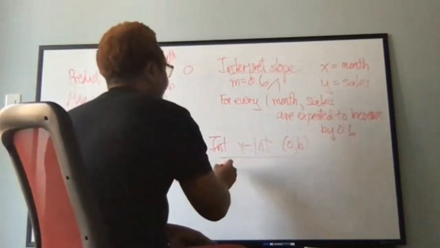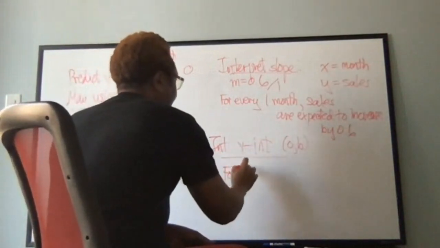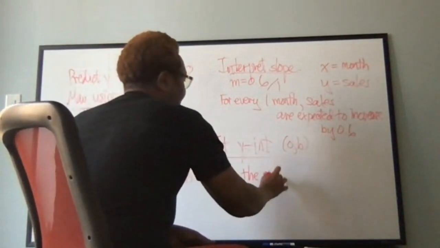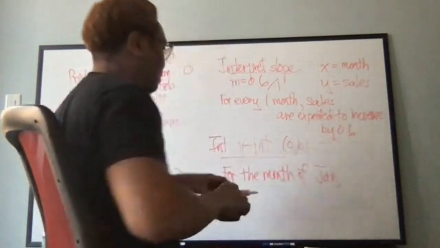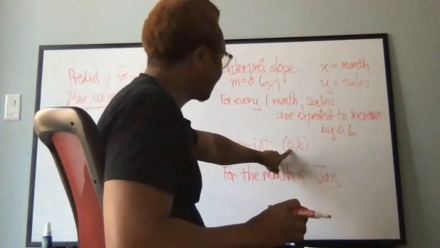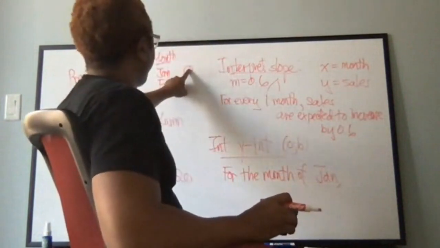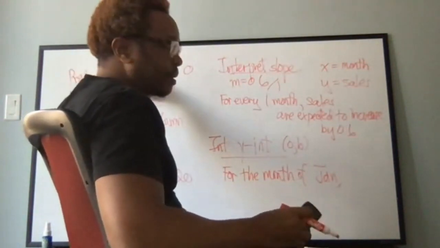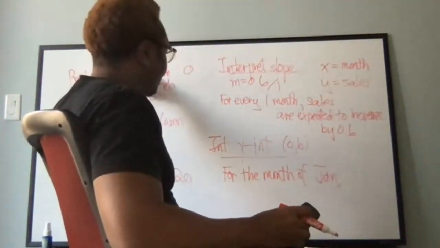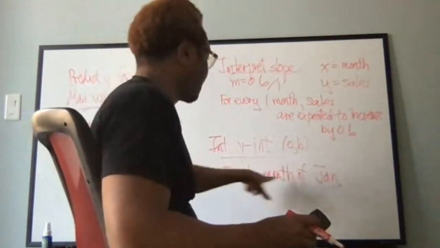So I have to say something like, in this case, for the month of January, because this 0 in time series corresponds to this alias, which is the first data point, or if it's Monday, or if it's 1982, I just have to put that as the first part.